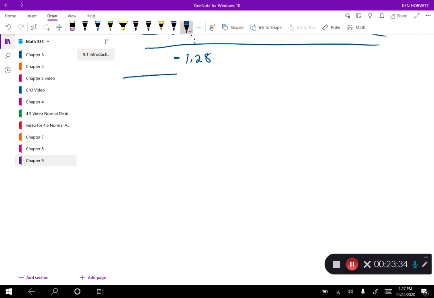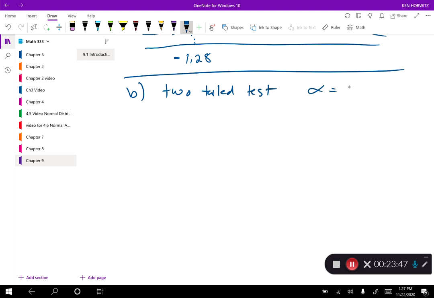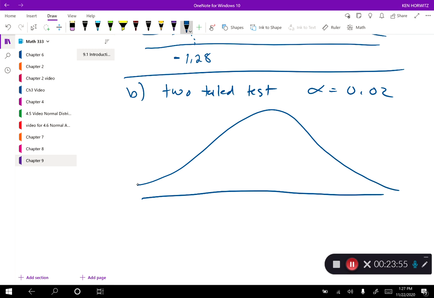All right, let's try another one. The next one we're going to try is a two-tailed test, and alpha equals 0.02. Let's draw this out. There's my rejection region. Now, this alpha is split evenly between the two tails. So in here, I have 0.01 for my area, and here I have 0.01 for my area.